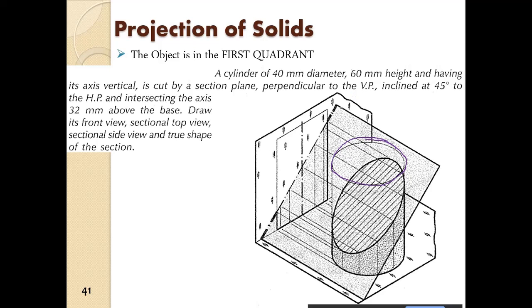Okay, perpendicular to the VP and inclined at 45 degree to the HP, intersecting the axis 32 mm above the base. So that is also given.